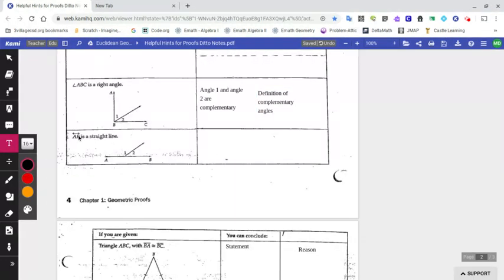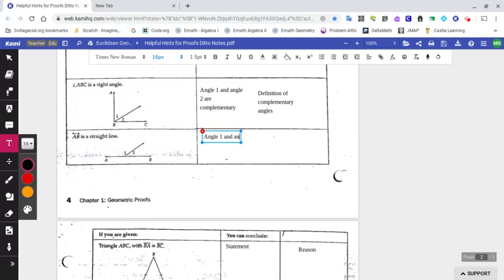This one, AB is a straight line. What's that going to make 1 and 2? Angle 1 and 2 are a linear pair. They're a linear pair because they are adjacent and the non-shared sides form a straight line. So they're a linear pair, making them supplementary. So you can say angle 1 and angle 2 are supplementary.